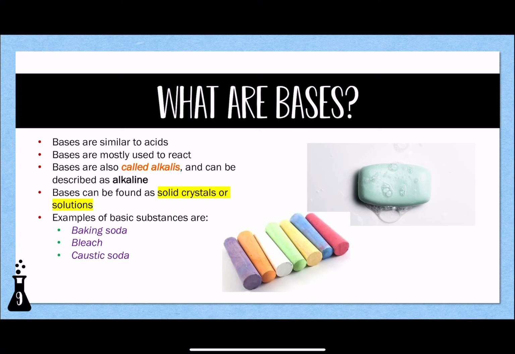They're mostly used to react, okay? We also call them alkalis, and they can be described as alkaline, okay? Examples of bases are baking soda, okay, bleach, and caustic soda, okay? So we're going to talk about those examples in a minute.